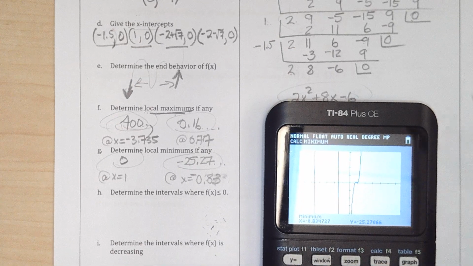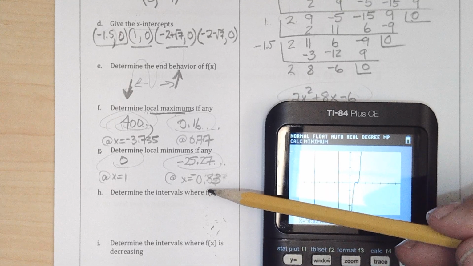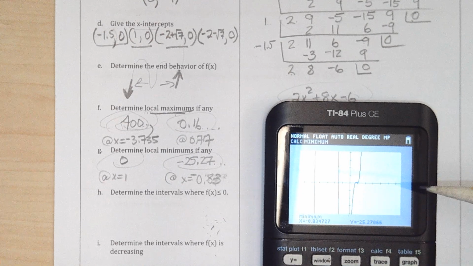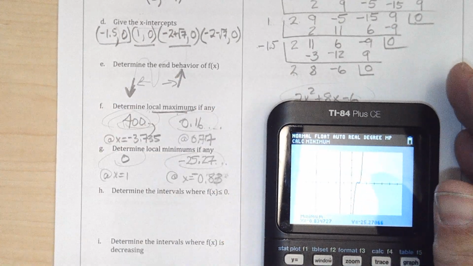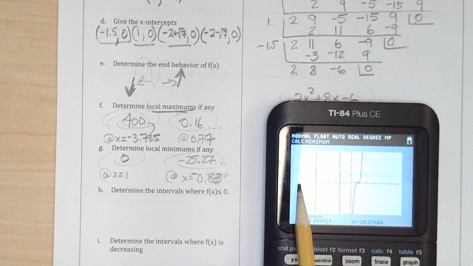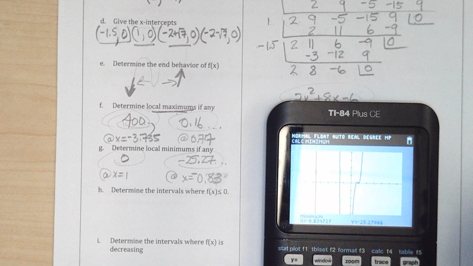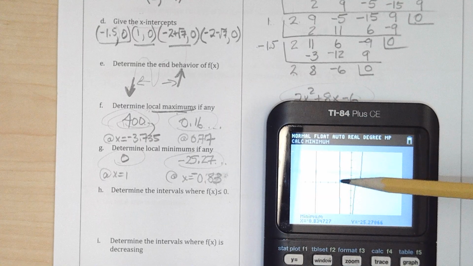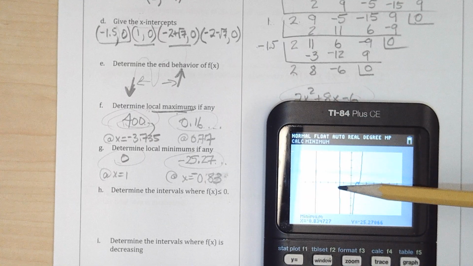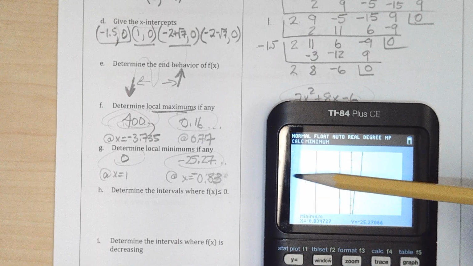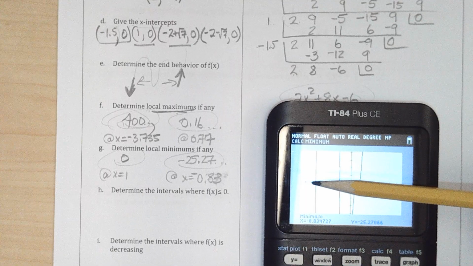Now it says, when is this graph, one of the y values, less than or equal to 0? So I don't need to talk about the y values. I need to say for what x's are the y values less than 0. Well, this graph is coming up and then goes really high and comes down. So it's positive for all this piece, but it's negative all this part, the y values are negative up till there.